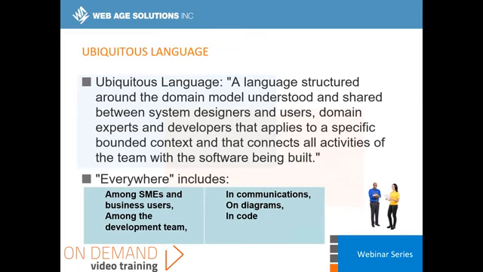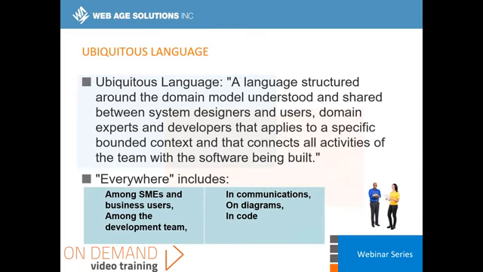They should understand what's in the ubiquitous language. How do you document the ubiquitous language? We will talk about that in just a second, but it has to be somewhere where all of the subject matter experts, the business users, the development team, and anyone who's doing documentation or creating diagrams or writing code can see it. Everywhere means everywhere in this particular situation.